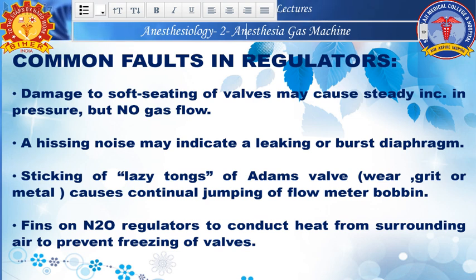Then the sticking of the lacy tongues of Adams valves, due to wear and grit or any metal, can cause continual jumping of the flowmeter bobbin. So you will be a little annoyed, wondering whether the patient is receiving accurate flow or not. That will definitely be a question mark.